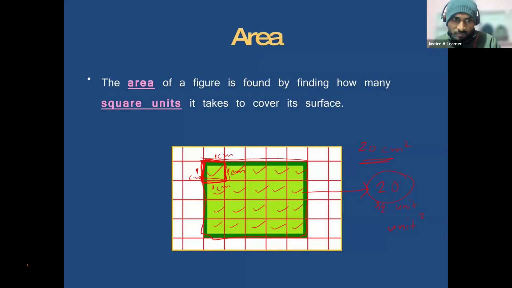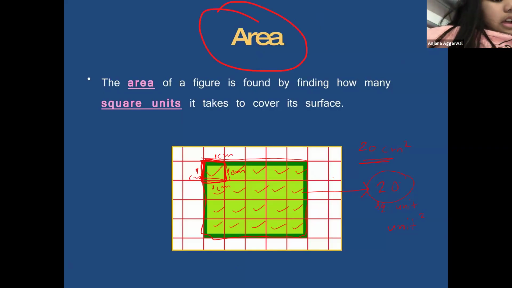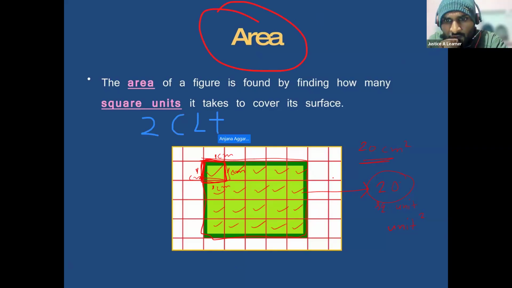Yeah, wait a moment. To find the area of a rectangle, it's 2 L. Okay, you're right. Wait a moment.